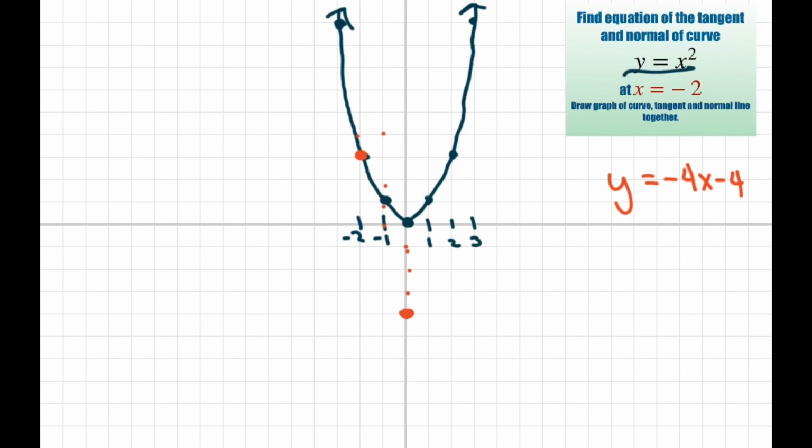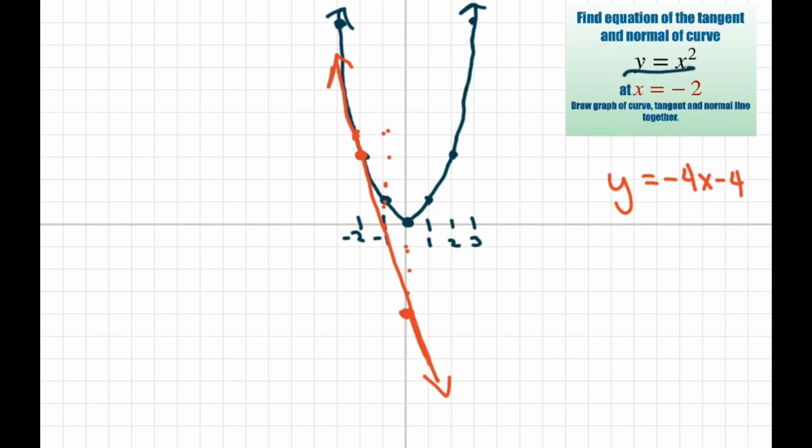So it's going to go through like this. Touches right there. All right. It's kind of hard to graph on this.